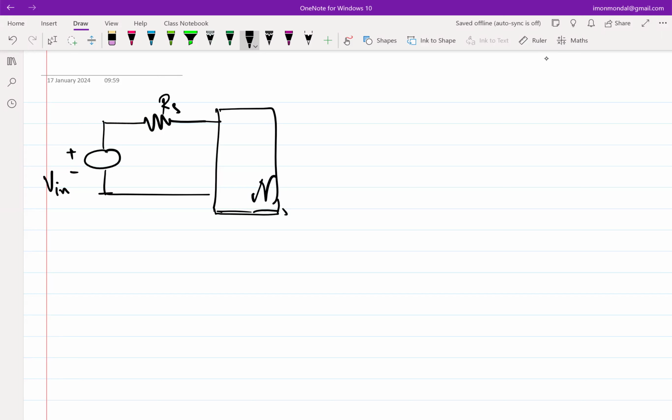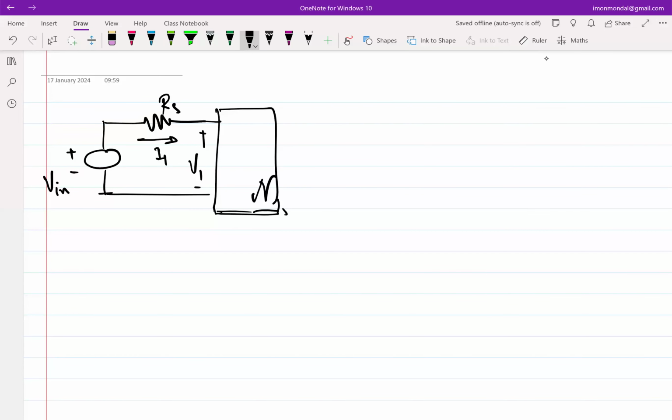So what I am trying to ensure is that the voltage across this port, let's say V1, and the current that is going into this port, let's say I1, remain unchanged, regardless of what I do to V in or Rs. Then the network won't be able to understand that anything has changed anywhere else in the circuit. Do you agree with that?